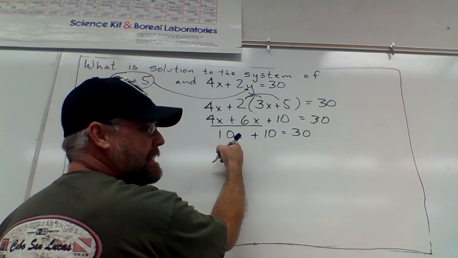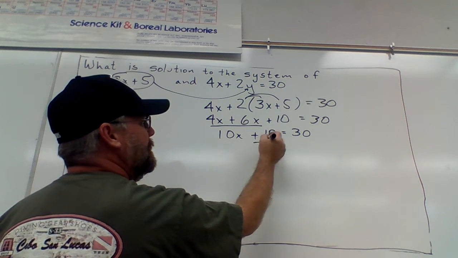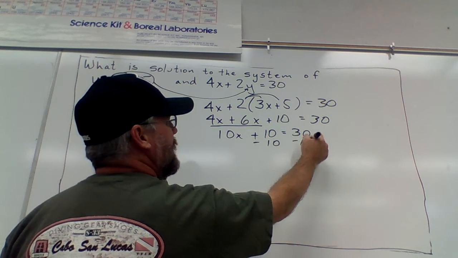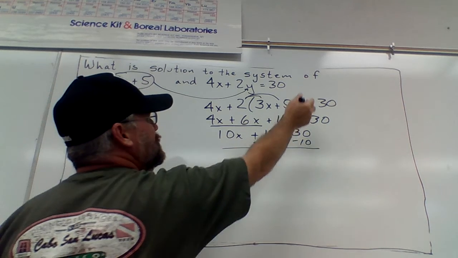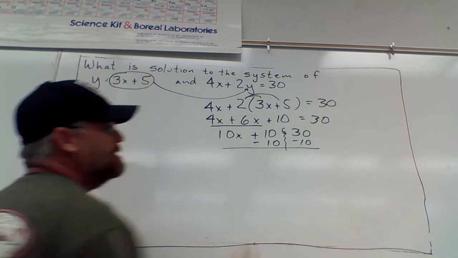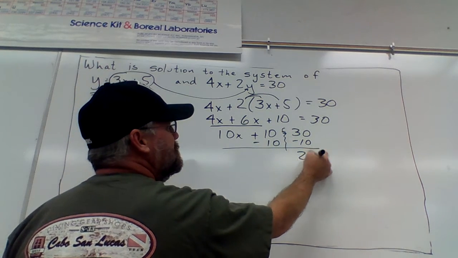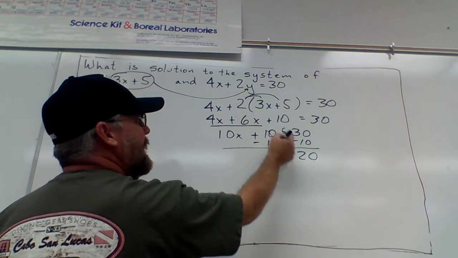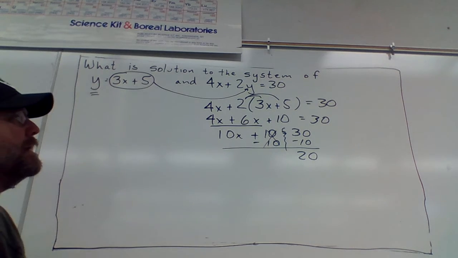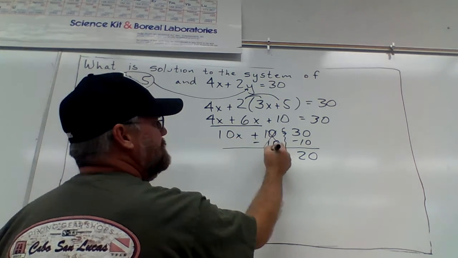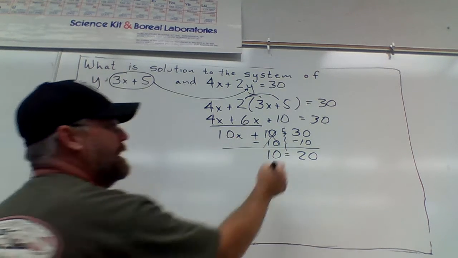I got to get the x by itself. So I'm going to subtract 10, subtract 10. Again, build your wall if that helps you to solve these. But taking away 10 here leaves me with 20. The 10 minus 10 goes away. And then I have 10x equals 20.